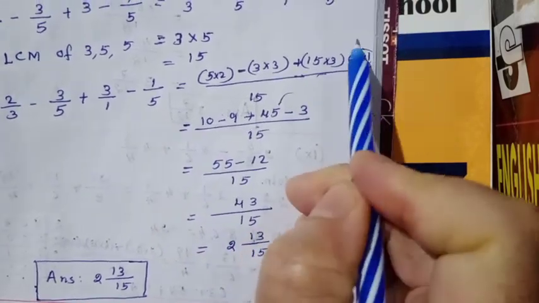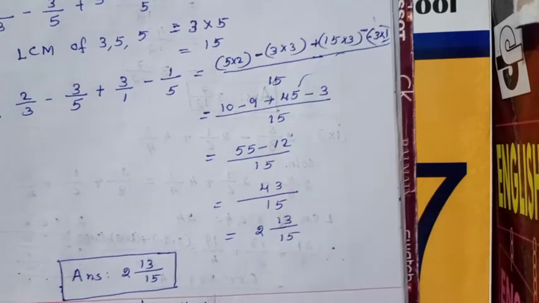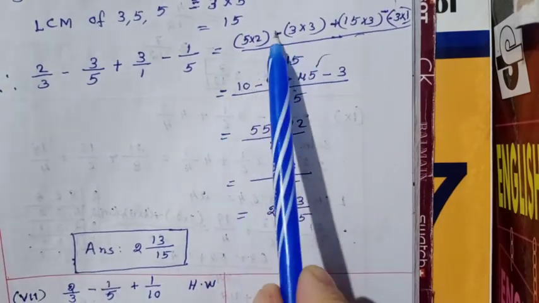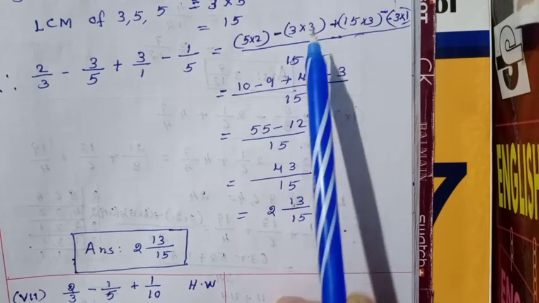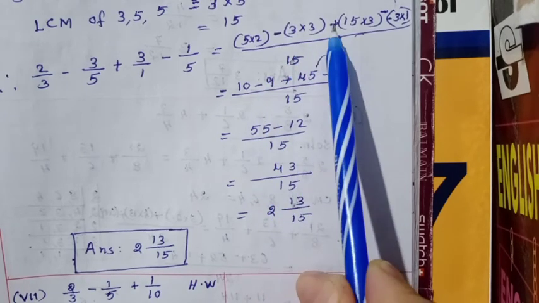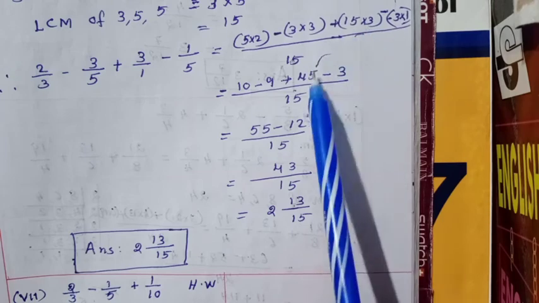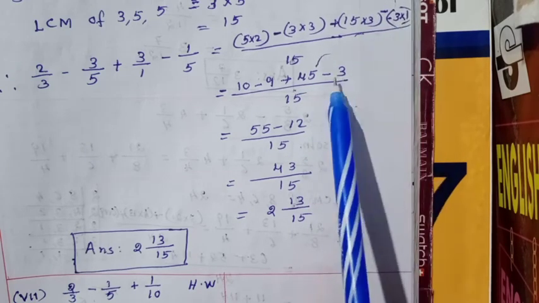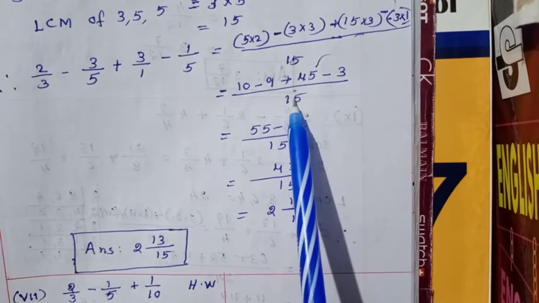So between here it is a minus sign. Next, 5 into 2, 10, minus 3 into 3, 9, plus 15 into 3, 45, minus 3 into 1, 3, all by 15.